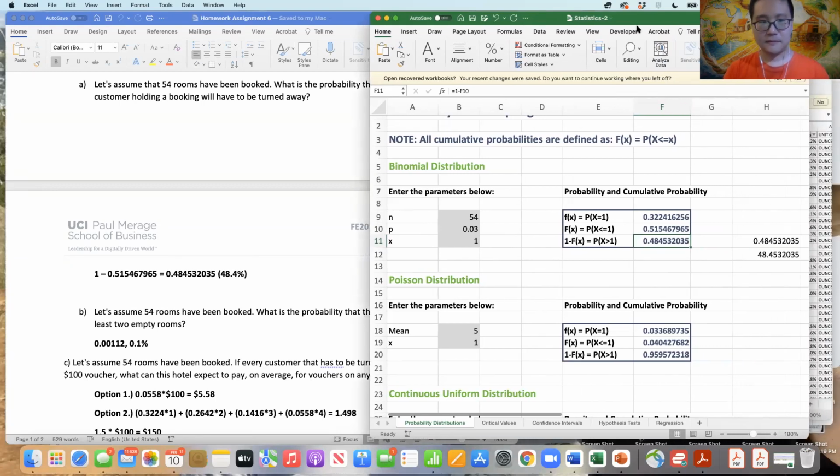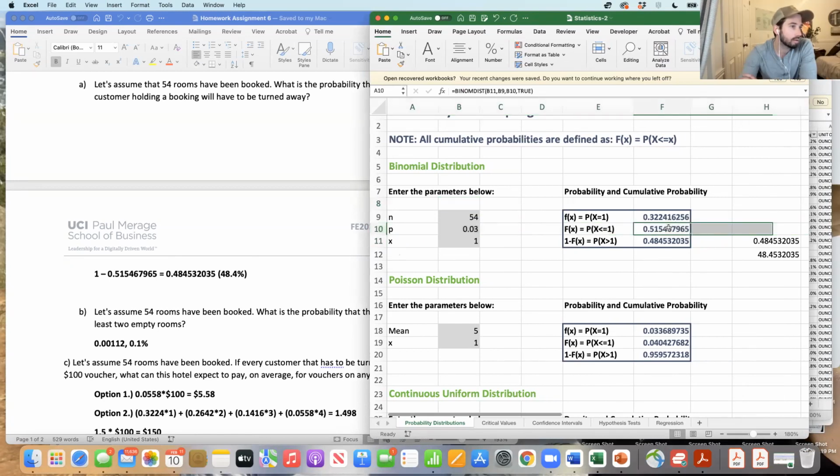Can you click on the cell that's above it? Basically F10. F10, yeah. So here that's how the binomial distribution probabilities are calculated.